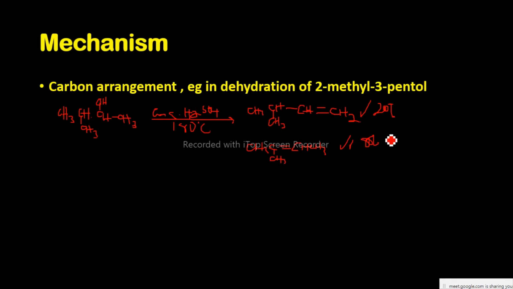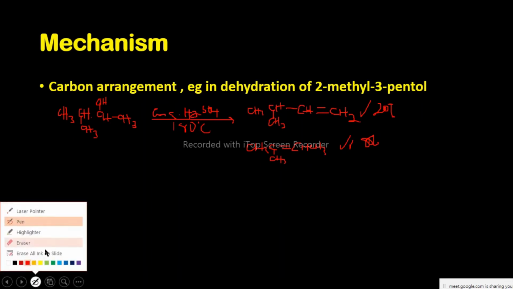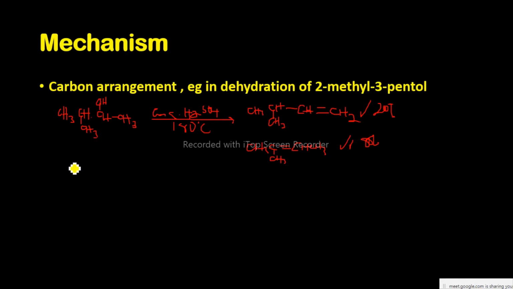They will say, explain why the reaction of this 2-methylbutan-2-ol with this at 180 degrees Celsius forms this instead of this. Explain. So the explanation is simple. This one is going to dissociate automatically. Let me dissociate it. You can dissociate it with me. You can be writing your mechanism.